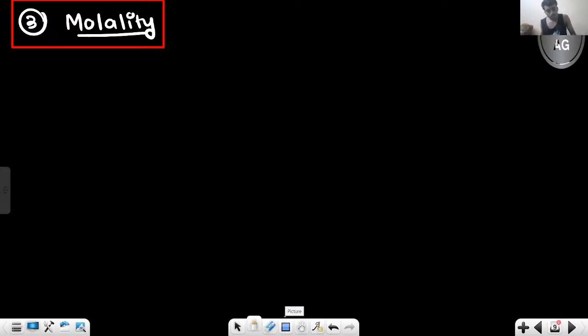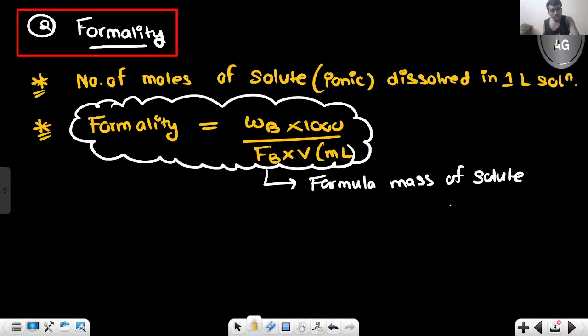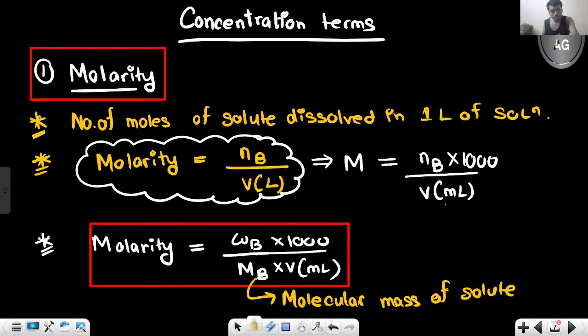So if mass is there, is it dependent on temperature? Will molality vary with temperature? Will molarity vary with temperature?